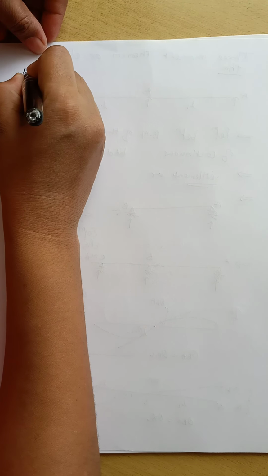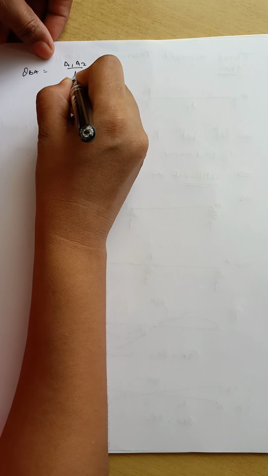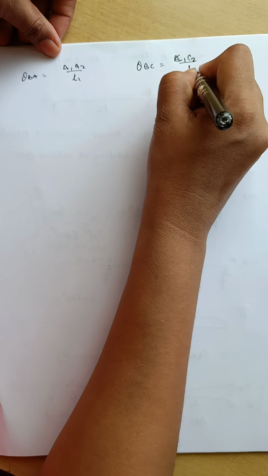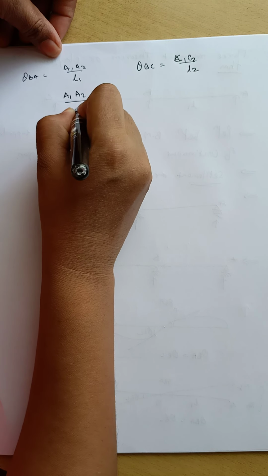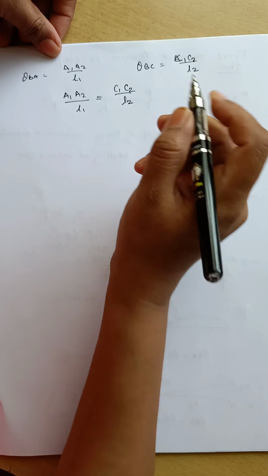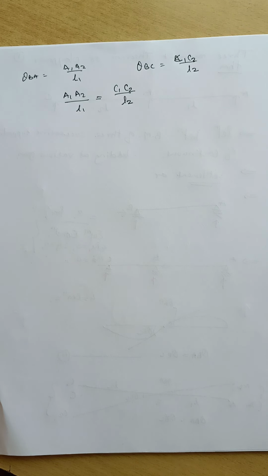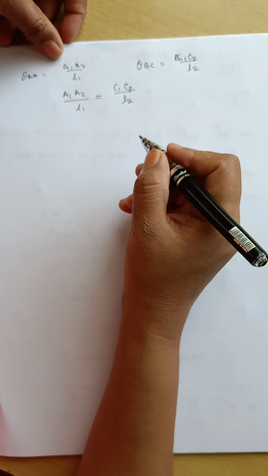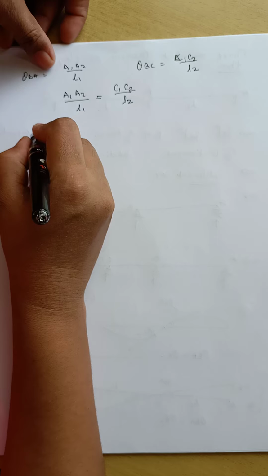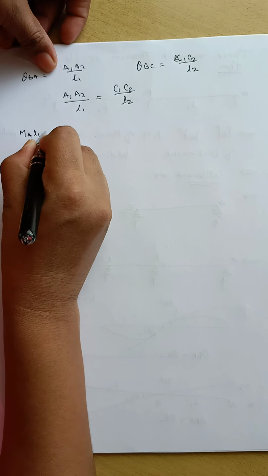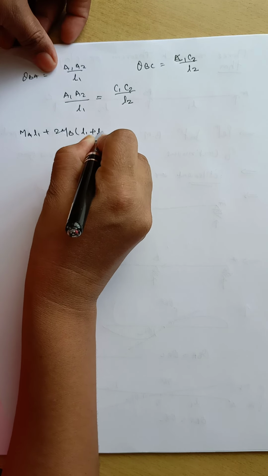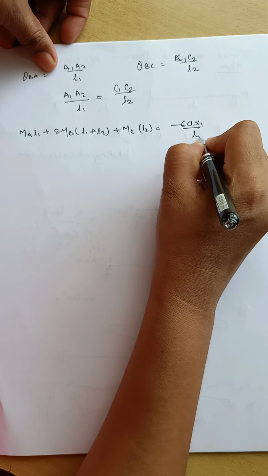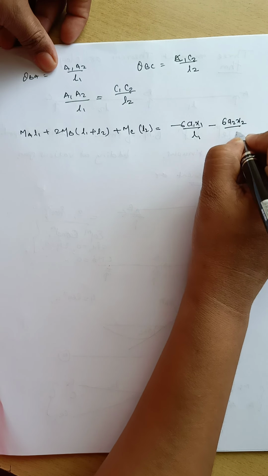So theta BA is A1A2 divided by L1, and similarly theta BC is C1C2 divided by L2, and we equate these. With this compatibility equation, the formula for the three moment theorem is: MA L1 plus twice MB times (L1 plus L2) plus MC L2 is equal to minus 6 A1 x1 upon L1 minus 6 A2 x2 upon L2.